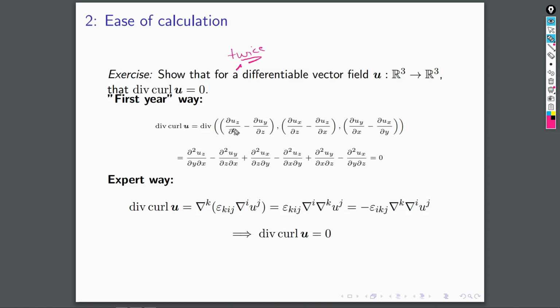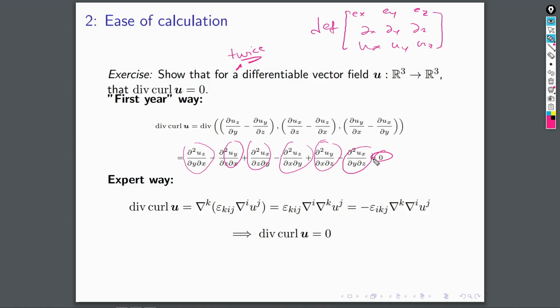Well, if you're doing it the first year way, first you've got to calculate the curl, which is already some bothersome determinant, Ux, Uy, Uz, and do all this nonsense, and then you've got to take the divergence of this thing, and say, oh okay, this term is the same as this term, and this one, and we get 0 as expected, right?